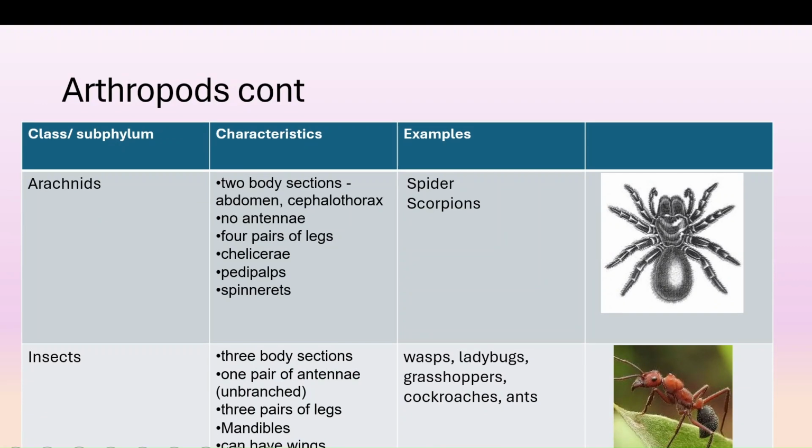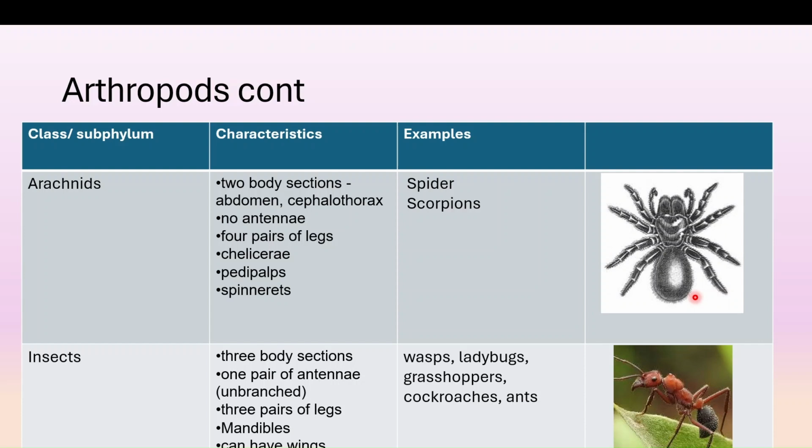Arachnids have 2 body sections, an abdomen and a cephalothorax. They have no antennae. They have 4 pairs of legs. Examples are spiders and scorpions. Next is insects.